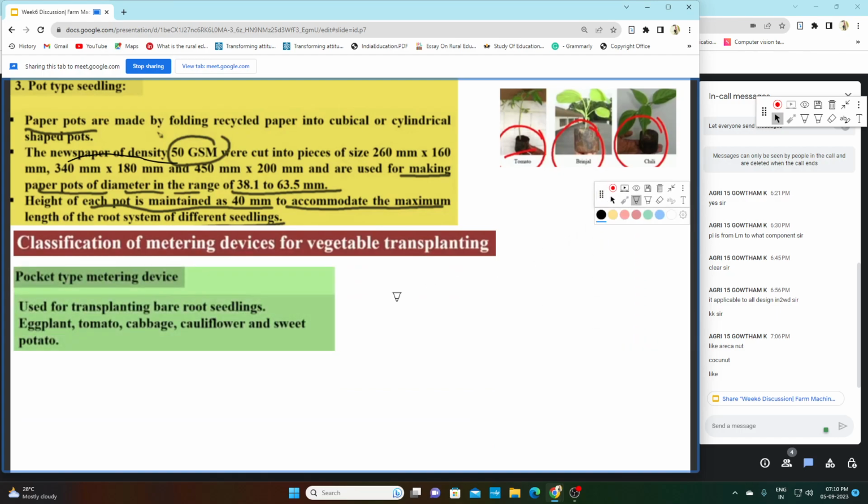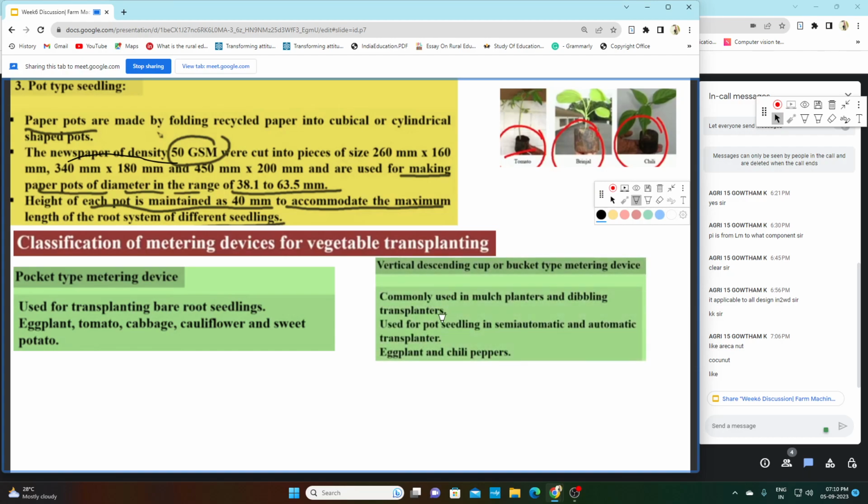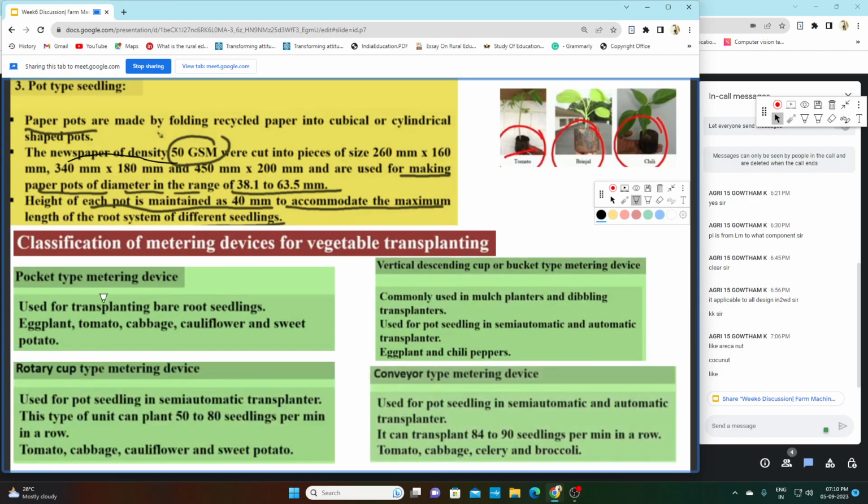Now there are different classifications of metering devices for vegetable transplanting, and there are particularly four types. First is the pocket type metering device. We use it for transplanting bare root seedling; the other three we use for pot type seedling.